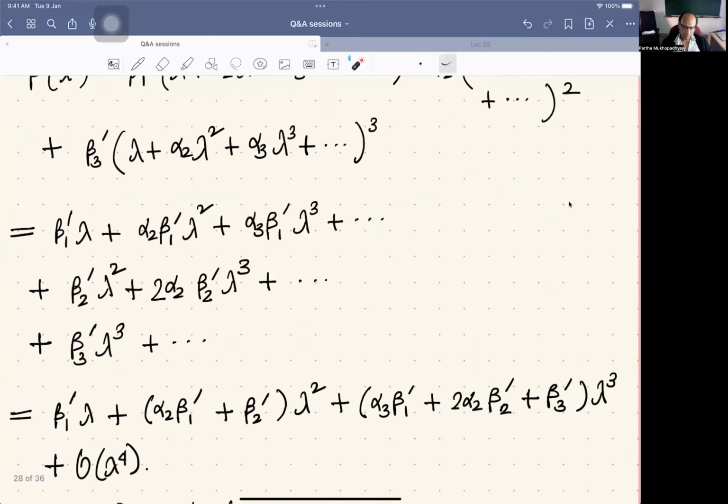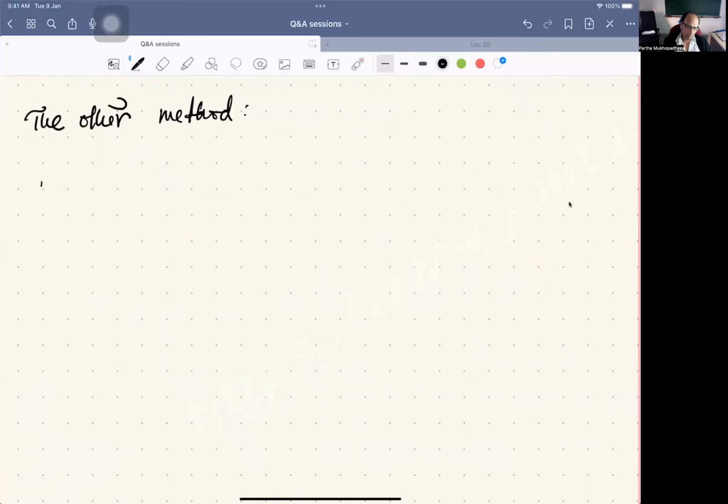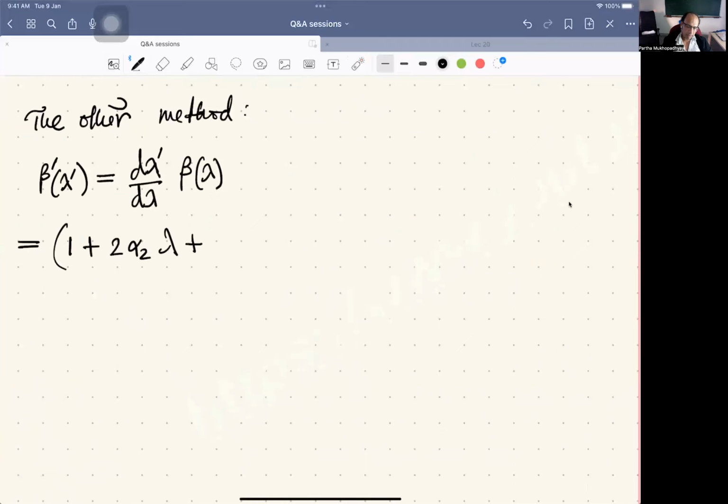So you write beta prime of lambda prime to be equal to d lambda prime d lambda times beta of lambda. And d lambda prime d lambda is 1 plus 2 alpha 2 lambda plus 3 alpha 3 lambda square, and so on.